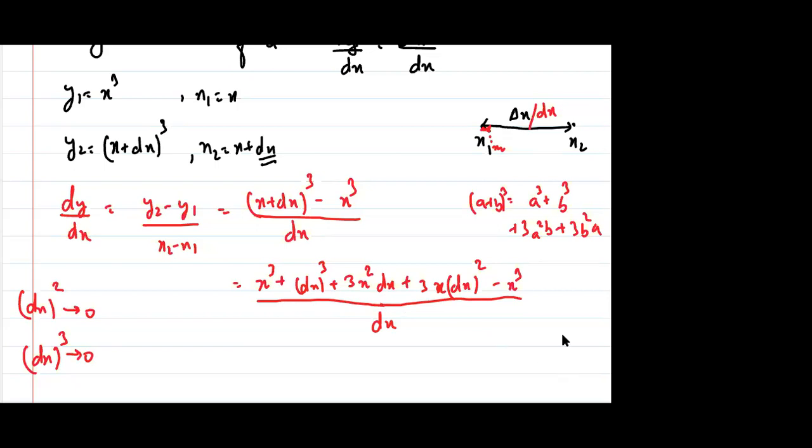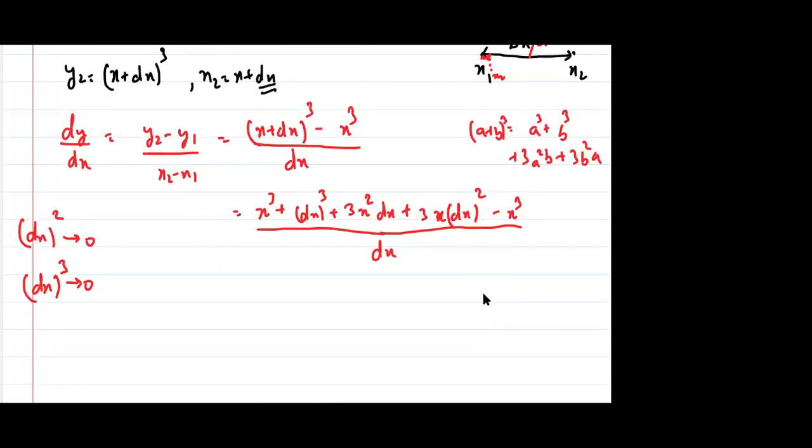Yes, but again, dx is very small. Try to get it, everyone: when to approximate and when not. Think about it: 1 plus 10 to the minus 6. Can you just write it is equal to 1? Yes, I got it. Now 1 plus 10 to the minus 6 whole square will become 1 plus 10 to the minus 12.